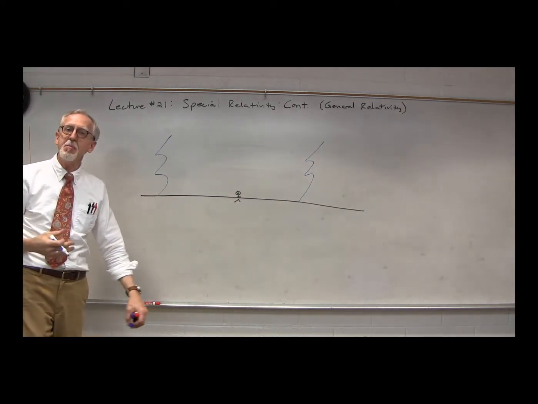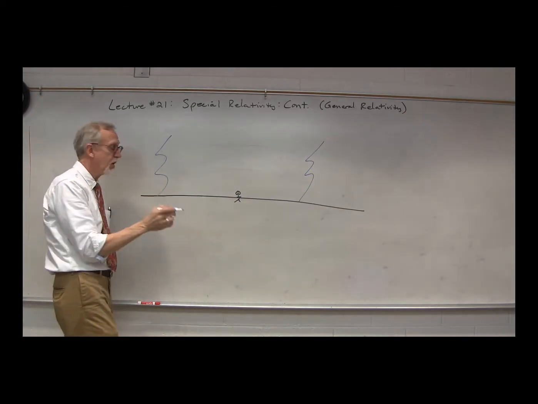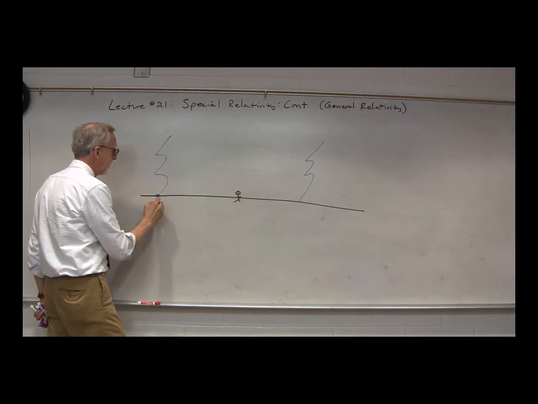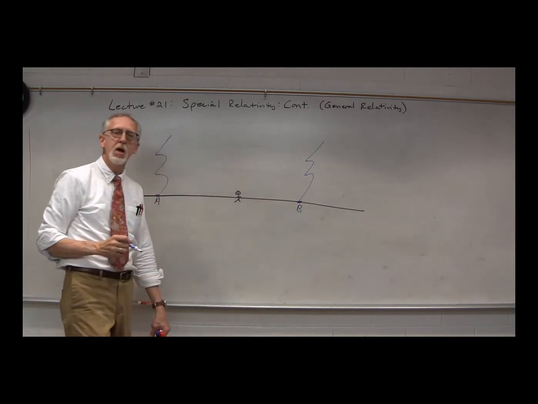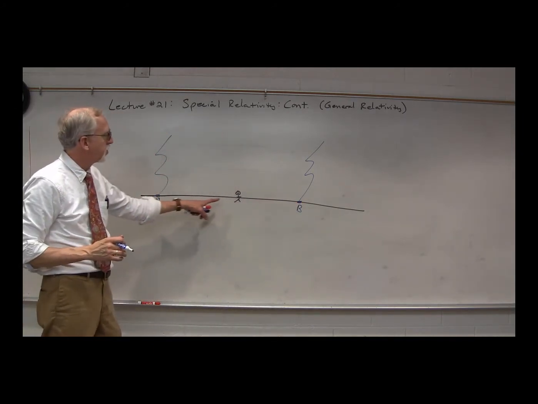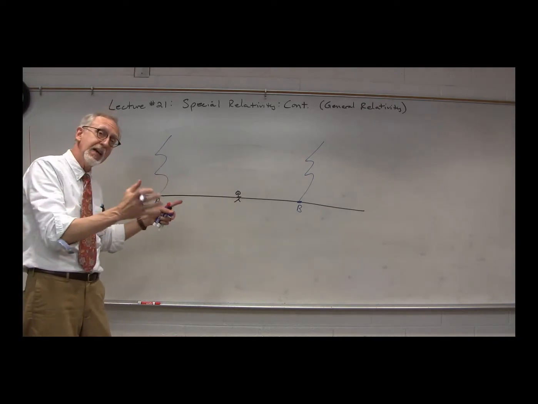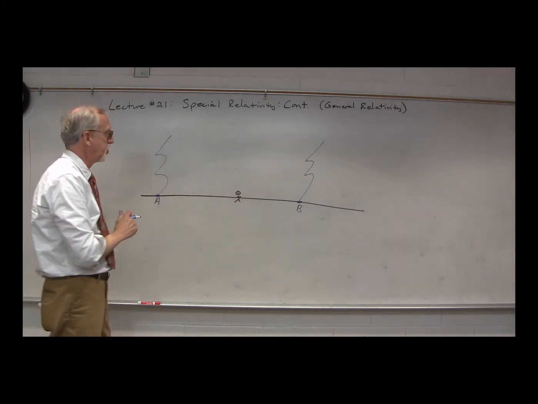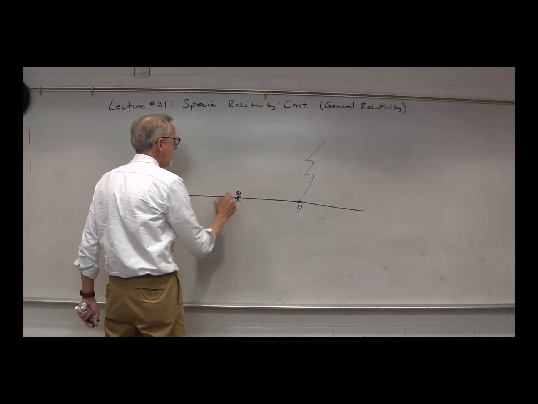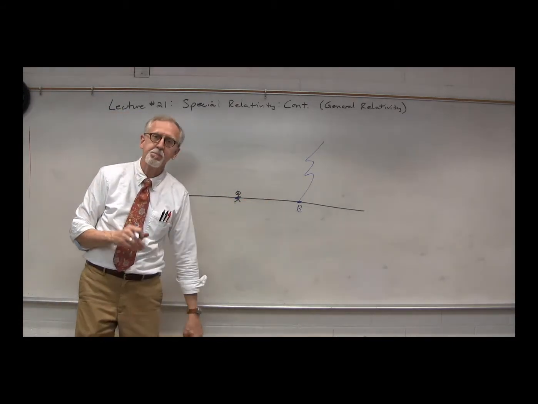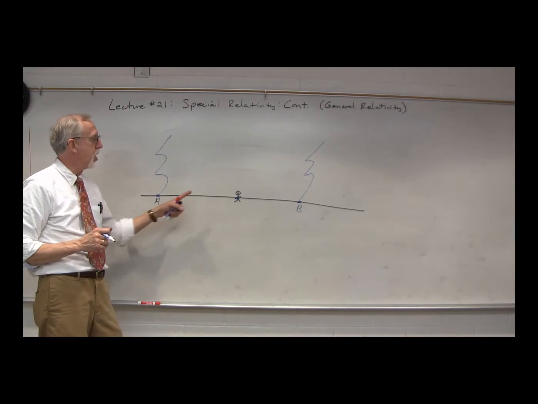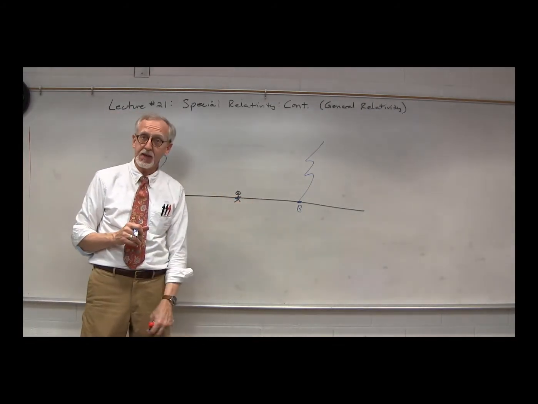Let's say that they occur at these two points, say point A, and this one occurs at point B. Now, it just so happens that this person is standing right in the middle at the midpoint between those two points, equidistant from A and B. Now, how would this person know if these two events were simultaneous?